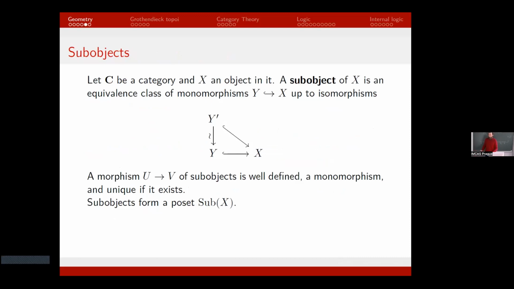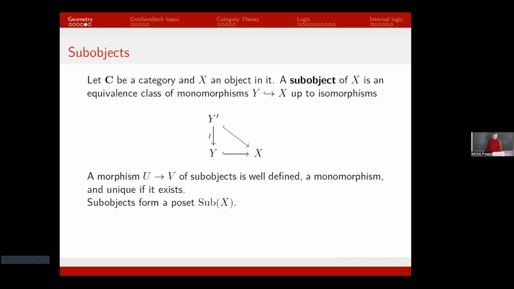To be precise about the notion of subobject, we say that it's an equivalence class of monomorphisms into the main object X, where equivalence means that they're isomorphic and that the diagram with the inclusions commutes. This essentially means that the only thing we care about is the image. So we don't care where it comes from, we only care how it sits in X.